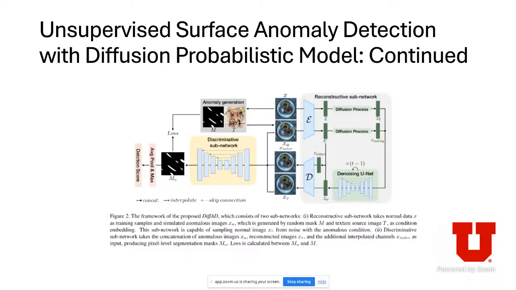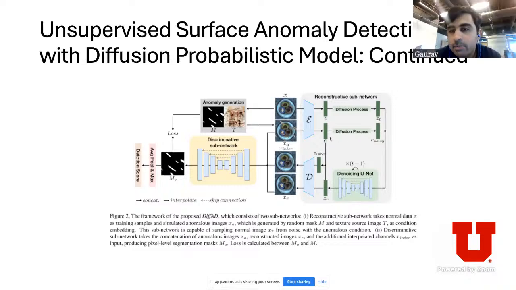So you still reconstruct a noiseless image, but during the diffusion process you add some embedding from the anomaly images, and you still expect that it could recover the noise. That means you could recover the original images which do not have any defect.